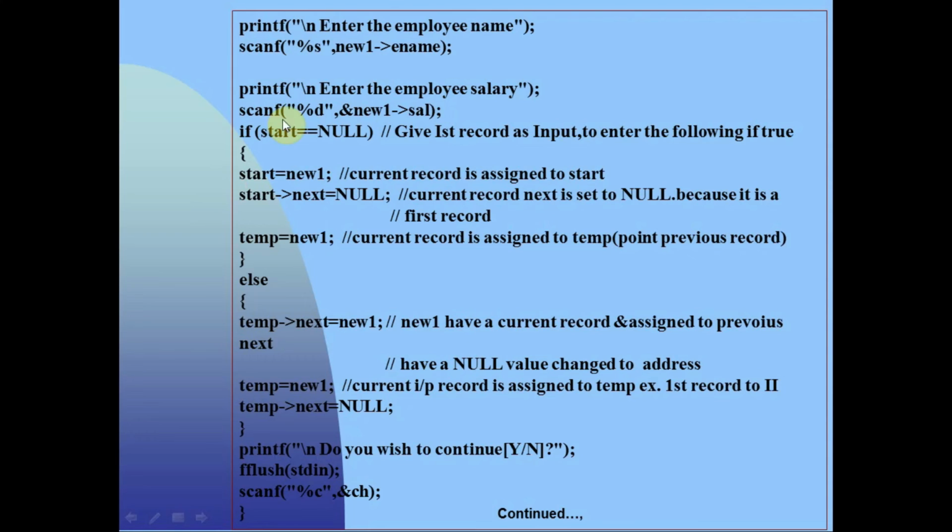If the condition is false, the else statement executes: the current record is assigned to previous, and the current input record is assigned to temporary, for example first record to the next one. If we want to continue, we repeat the same process.